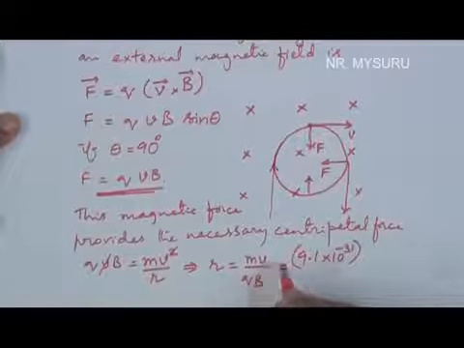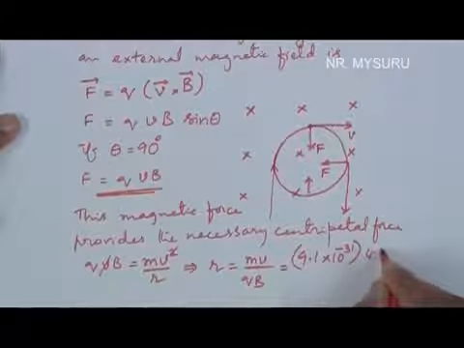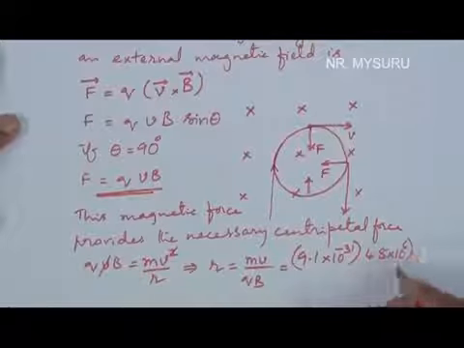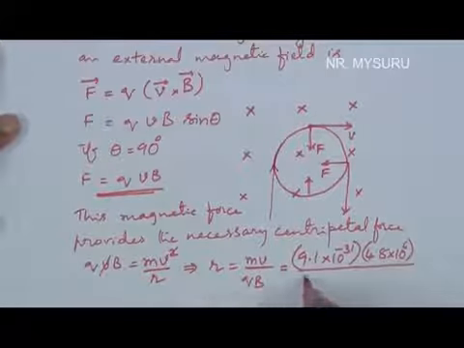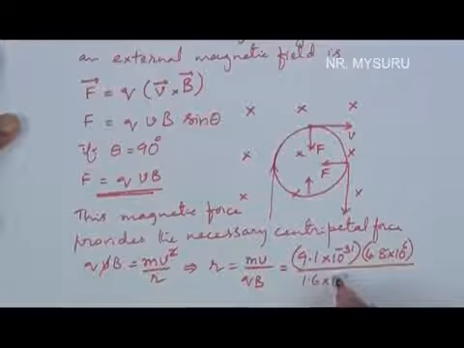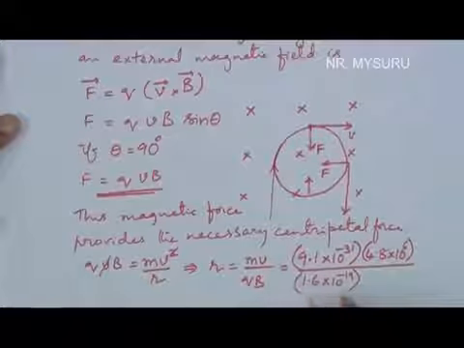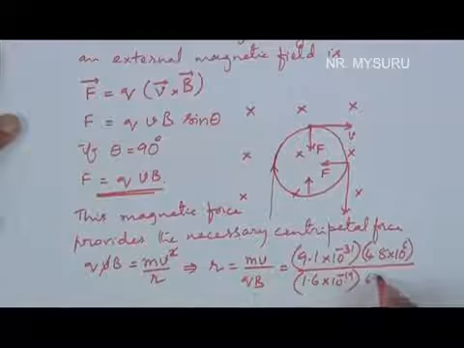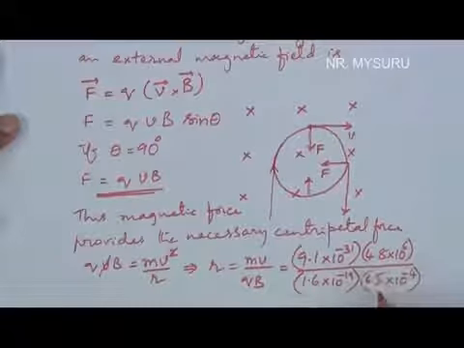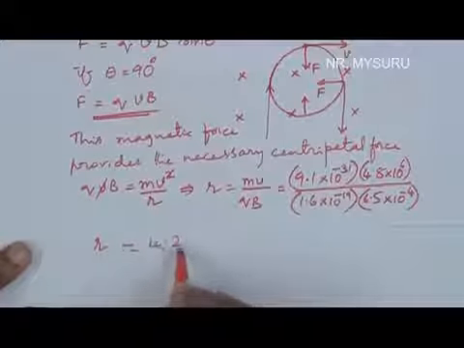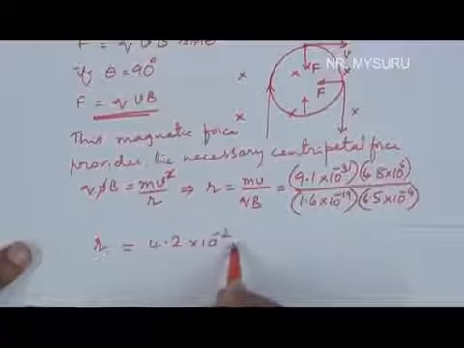Velocity is given 4.8 10 power 6 meter per second, divided by charge of the electron 1.6 10 power minus 19 into magnetic field is 6.5 Gauss. 1 Gauss is 10 power minus 4 Tesla. Radius turns out to be 4.2 10 power minus 2 meter.